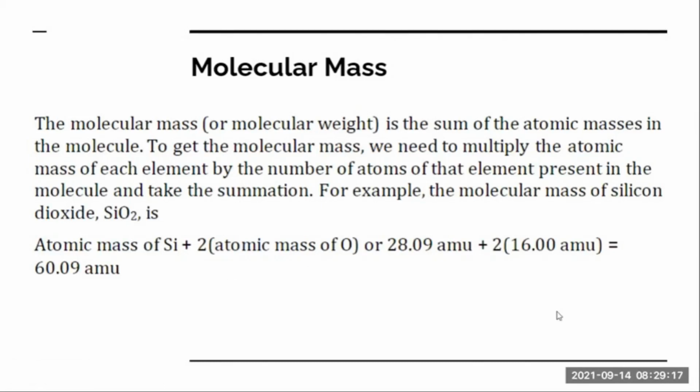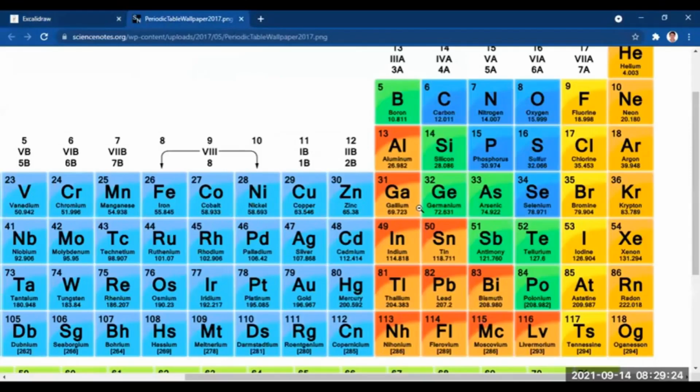Silicon, we will check on our periodic table. Silicon has 28.086 for the atomic mass, and then oxygen is 15.999 or 16. So again, silicon 28.086, oxygen 15.999.